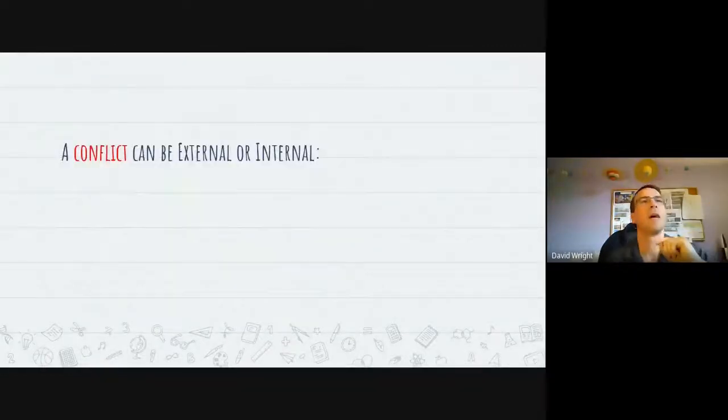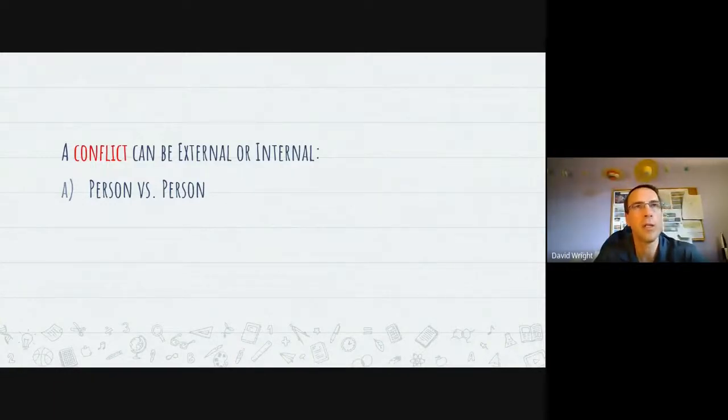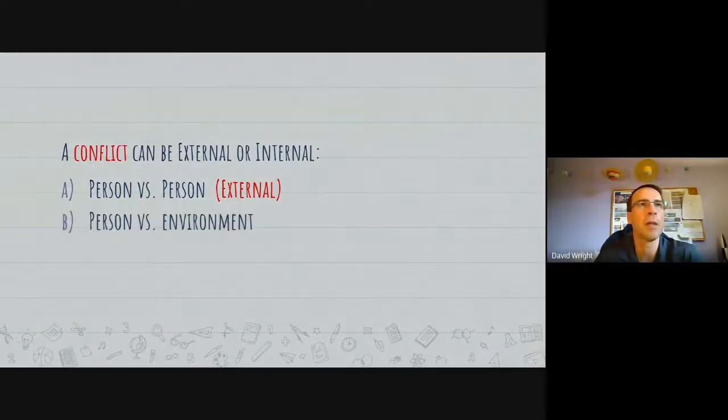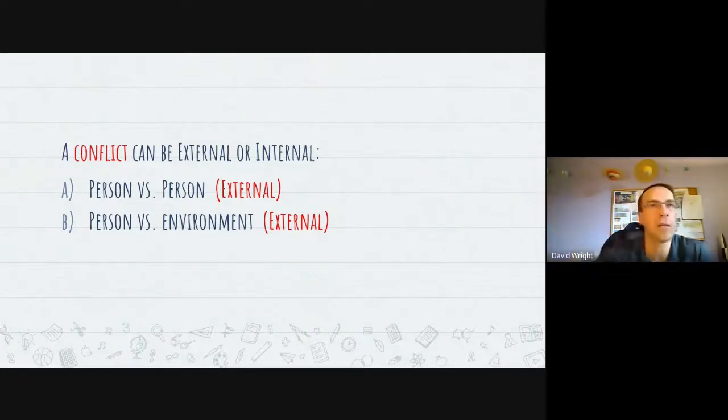A conflict can be external or internal. A person versus person conflict, do you think that is external or internal? If you guessed external, you are correct. Pat yourself on the back. A person versus environment conflict, do you think that is external or internal? External as well. The bee stings you on the nose. That bee is outside of yourself.